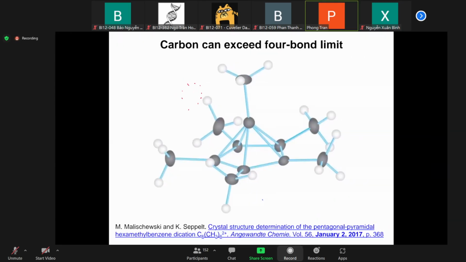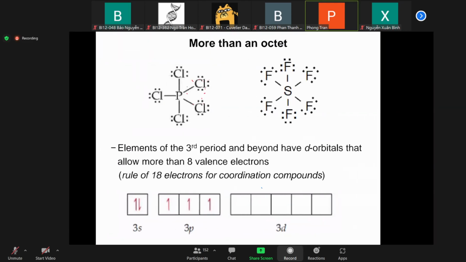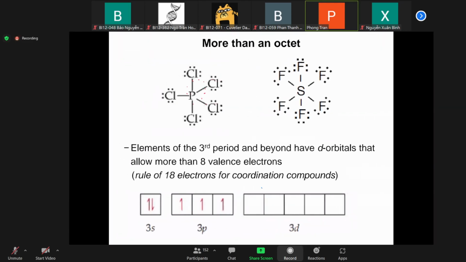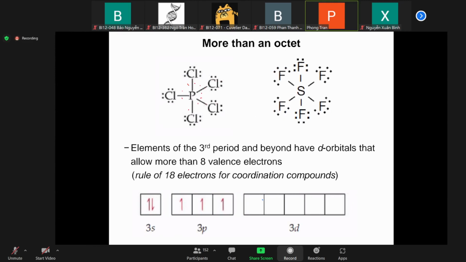Here's something I would like to share, because we talk about exceptions. I already shared with you a few exceptions that are already written in the textbook. First, the odd number of electrons. Second, fewer than an octet. Third, more than an octet.